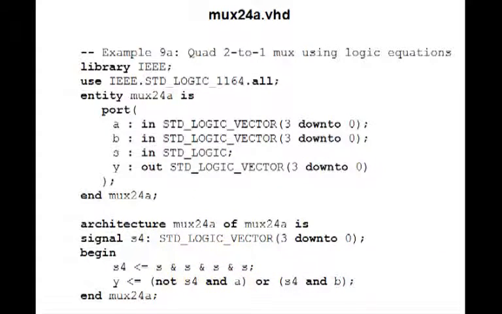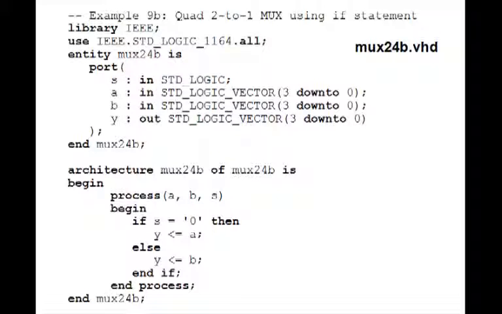So that will work. The easiest way to do it, however, is to use the if statement that we had for a 2-to-1 MUX. And if you remember, this is exactly the if statement we had for the 2-to-1 MUX. If s is 0, then y is a, else y is b. But in that case, a, b, s, and y were all just standard logic. Well, if we just change a, b, and y to standard logic vector 3 down to 0, this becomes a quad 2-to-1 MUX.